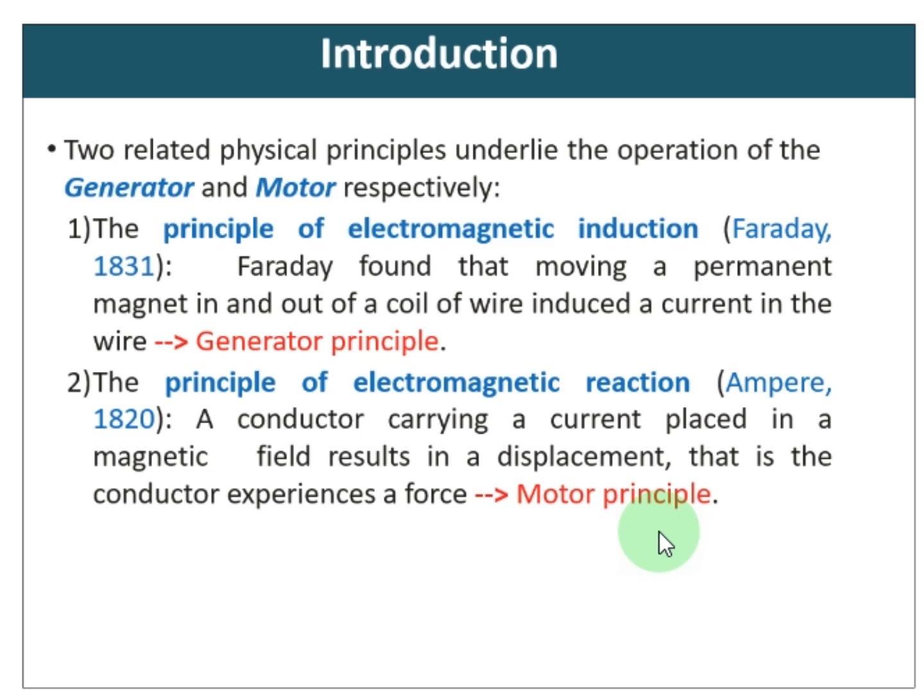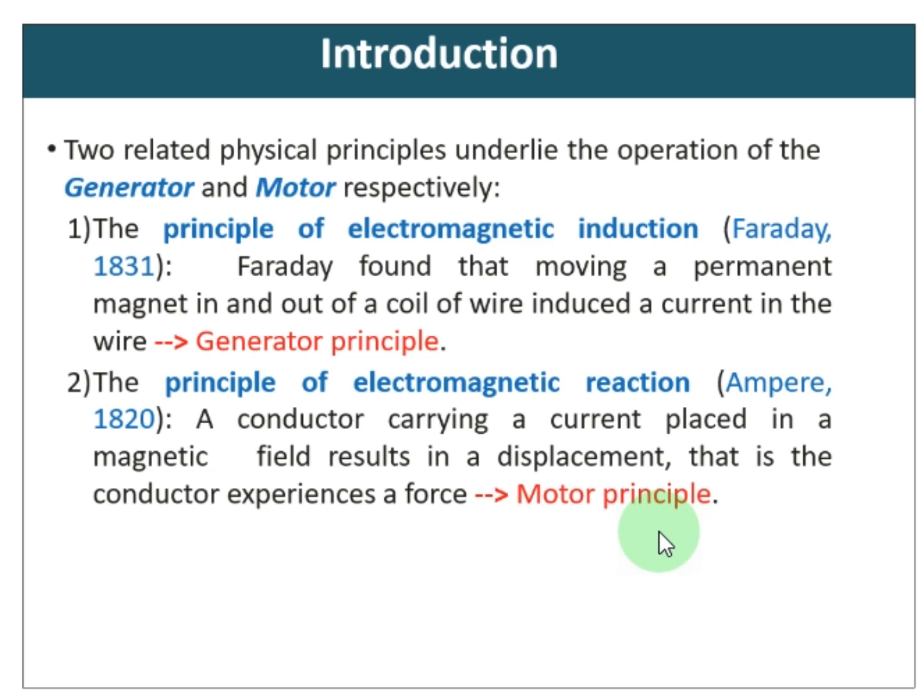He basically found that moving a permanent magnet in and out of a coil of wire induces current in the wire. So if you move a permanent magnet in and out of a coil, it will generate current. This principle is used in generators.